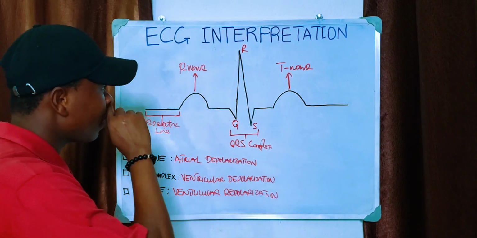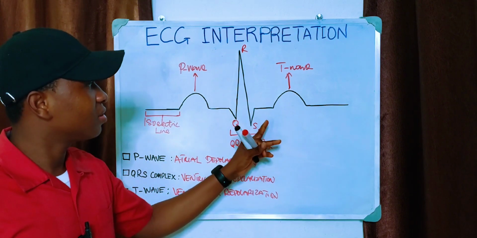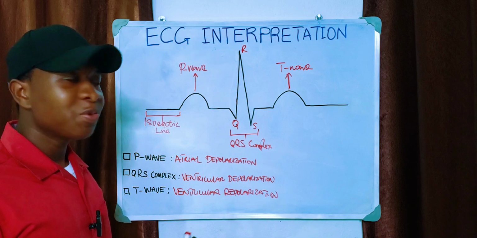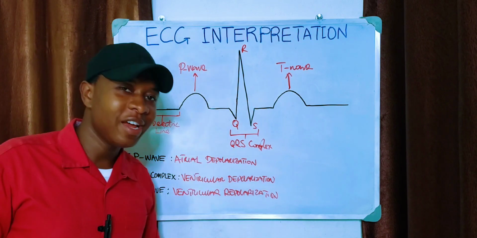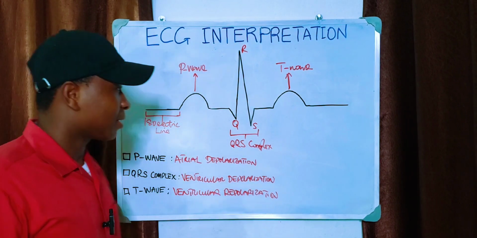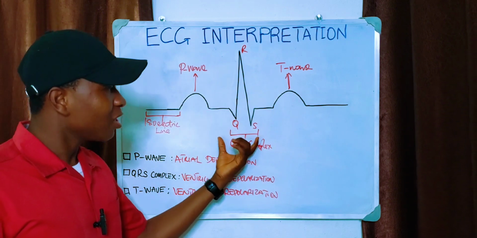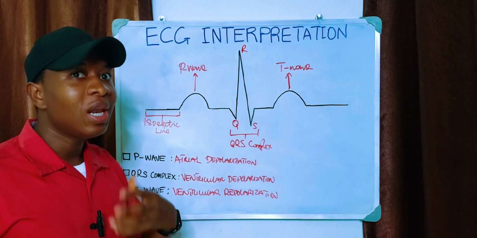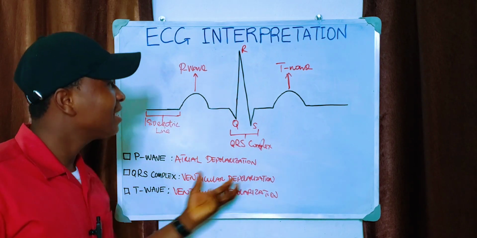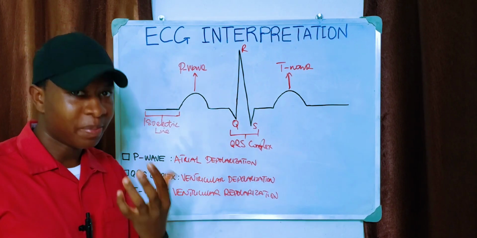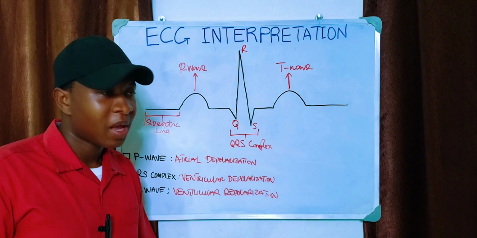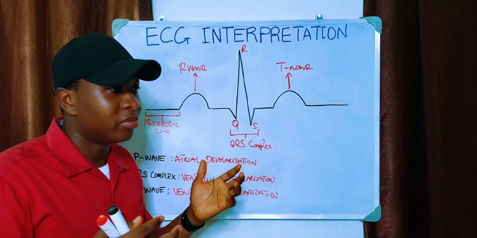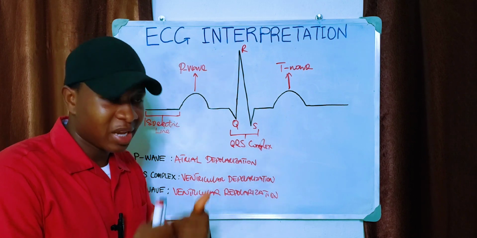Now, you may want to ask: there is a repolarization of the ventricles, so why can't we see a repolarization of the atrium? The answer is that the ventricular depolarization is so large that it hides the atrial repolarization. This is because the atrium doesn't really have to do a lot of contraction to send blood to the ventricles.